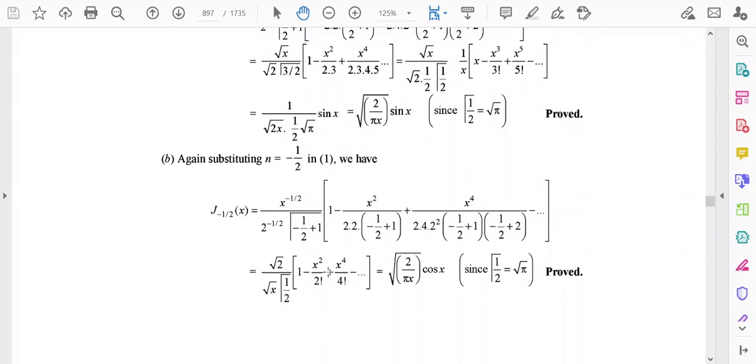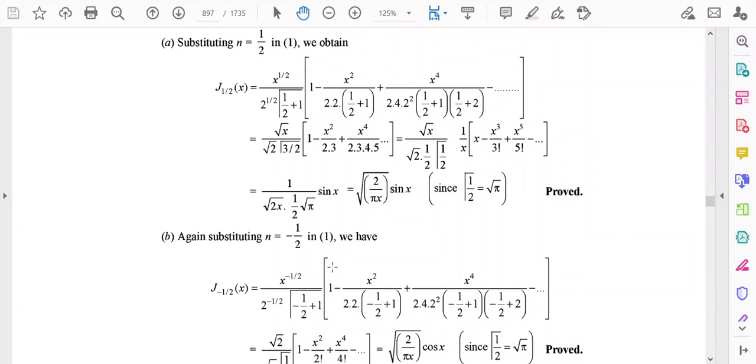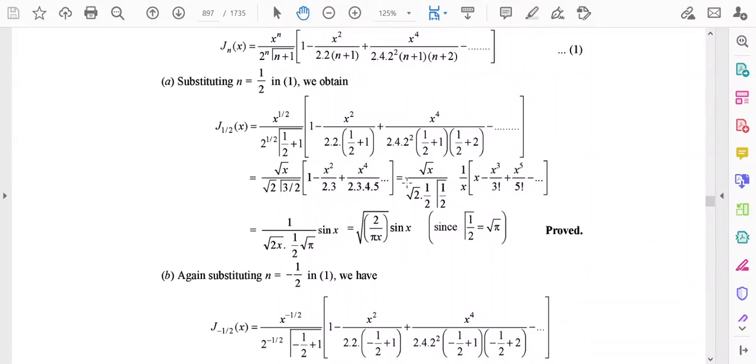A point to be noted: we started from the expression here for J half x. For J minus half x we just put minus half in place of plus half.